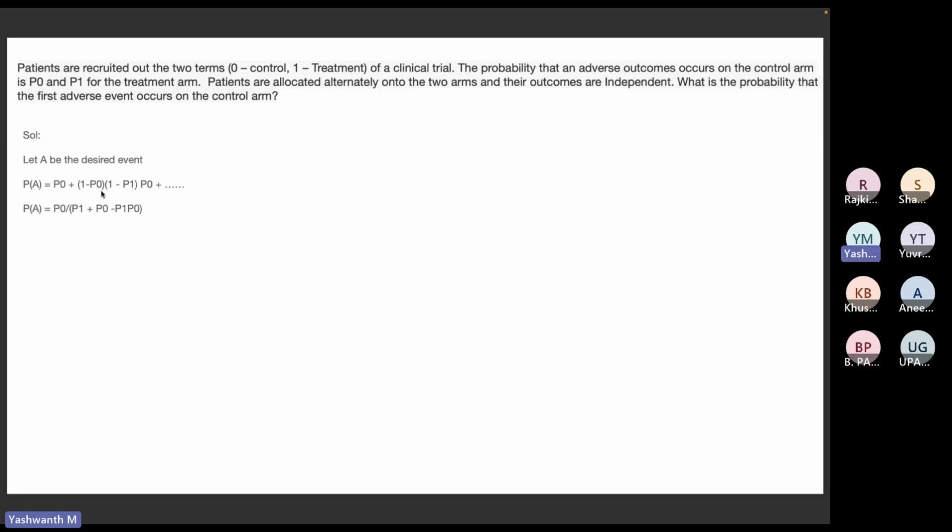But if it doesn't happen, it doesn't happen with probability 1 minus P0. It should not happen with P1 either. Again, it can happen with P0. So this will go on. Then this is a geometric series, and the desired event is straightforward.